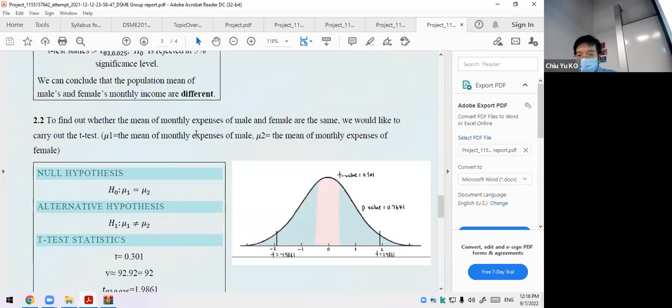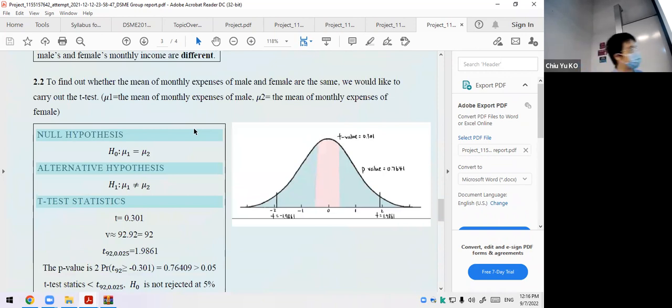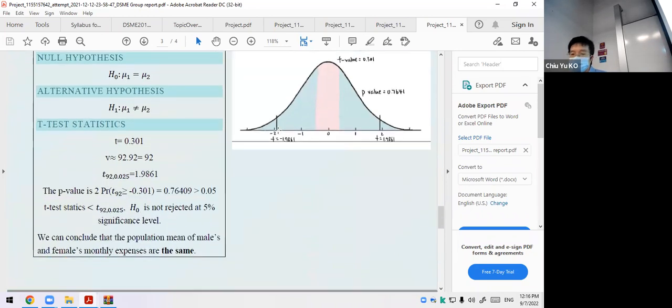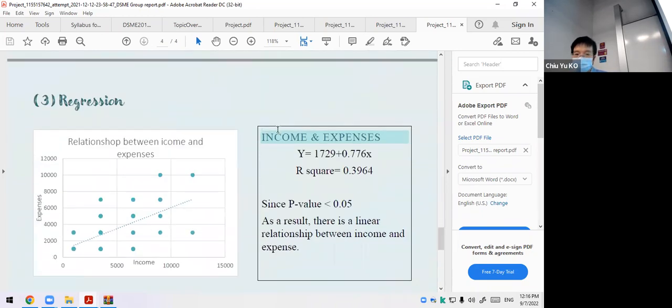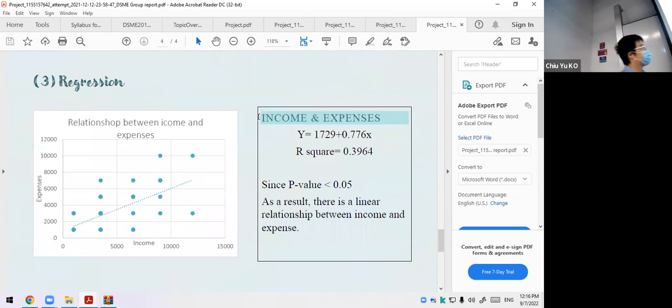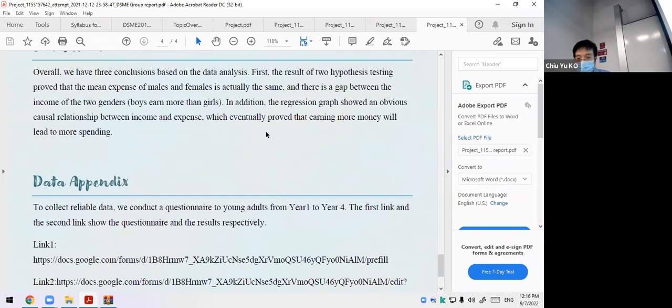And whether men or female, the spending is the same. So in the data men earn more, spending is roughly the same. And do people earning more spend more? Yes, so they are possibly related. And that is it.